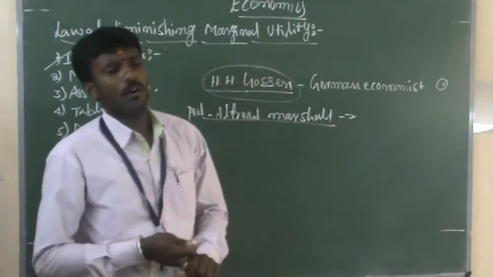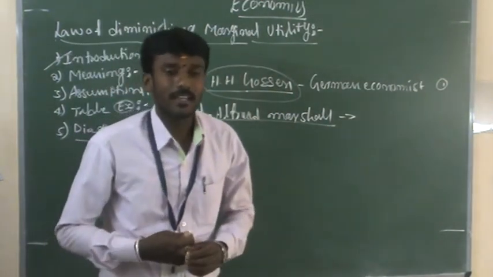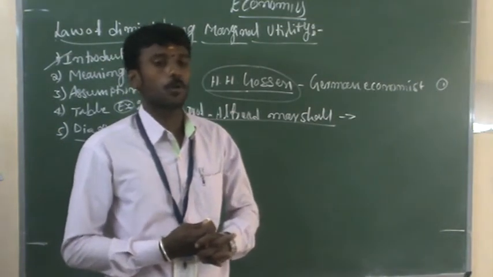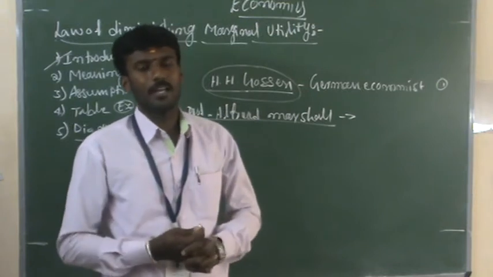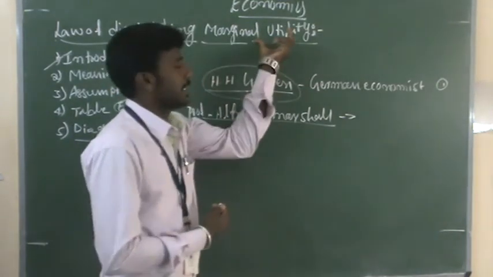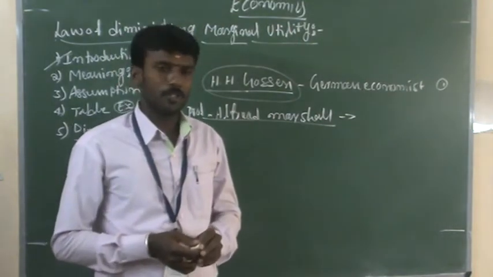He was a neoclassical economist and also the founder of the school of neoclassical group ಅಲ್ವಾ. ನಮ್ಮ ಸಂಪ್ರದಾಯ ಪಂಥದ ಅರ್ಥಶಾಸ್ತ್ರಜ್ಞ ಅಂತ ಏನ್ ಕರಿತೀವಿ, Alfred Marshall ಇದನ್ನ ಡೆವಲಪ್ ಮಾಡ್ತಾರೆ ಅಭಿವೃದ್ಧಿ ಪಡಿಸ್ತಾರೆ ಅಂತ ಕರಿತೀವಿ.